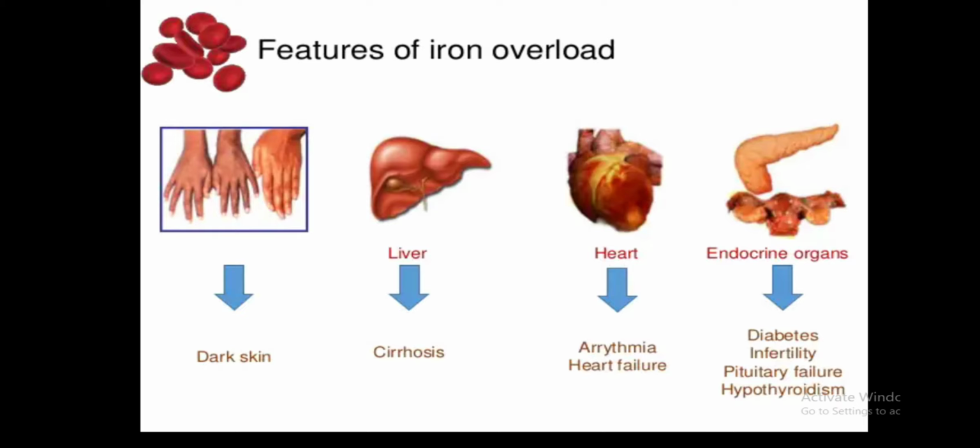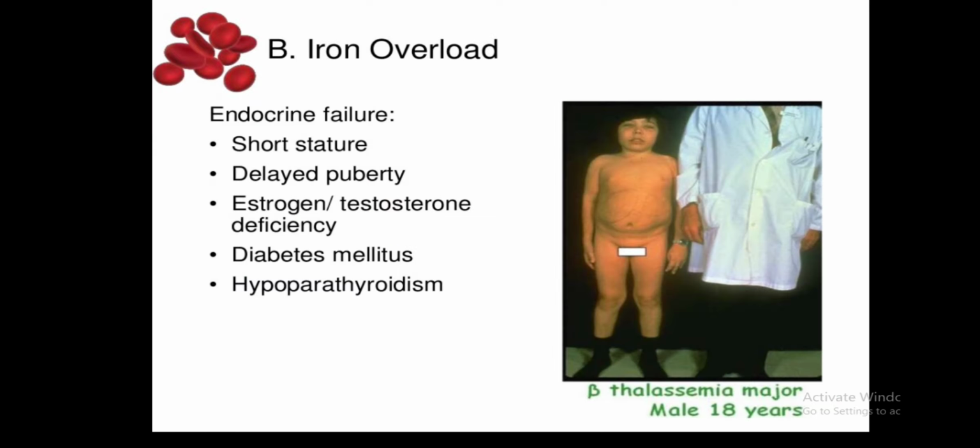They can have deposition in the endocrine organs producing diabetes, infertility, pituitary failure and hypothyroidism. So, iron overload can result in endocrine failure.